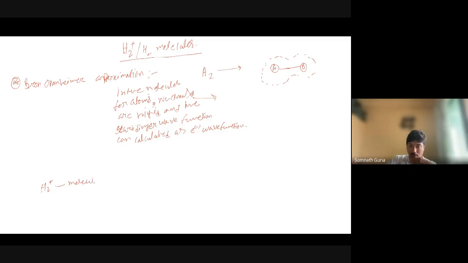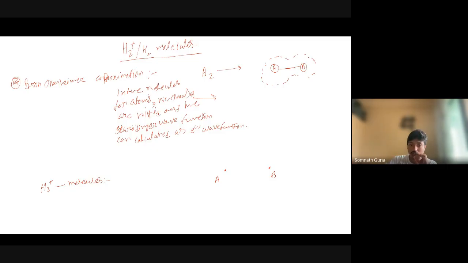We have some problems. So let's suppose we have an atom A and an atom B, and using the Born-Oppenheimer approximation, we are going to solve only the electron wave function for the electrons. So what will be my electron wave function? It is a linear combination of the two atoms.